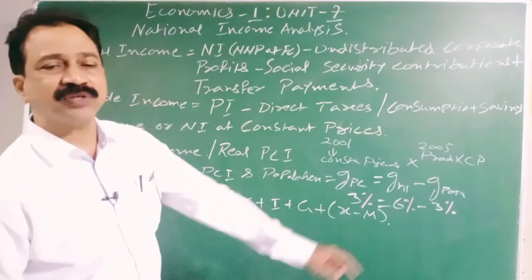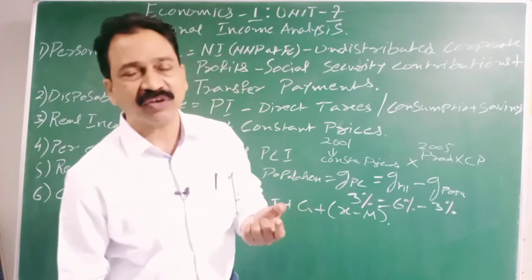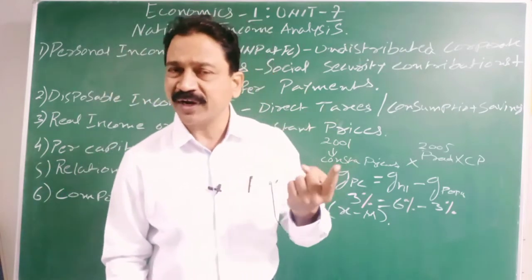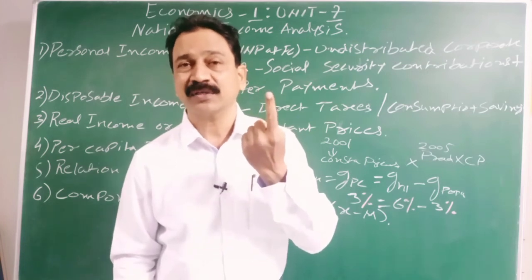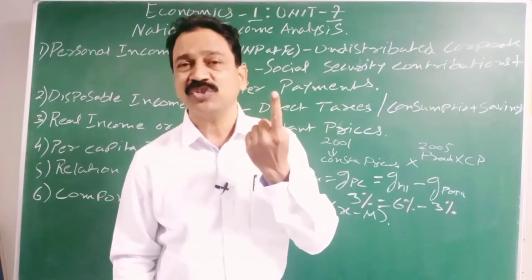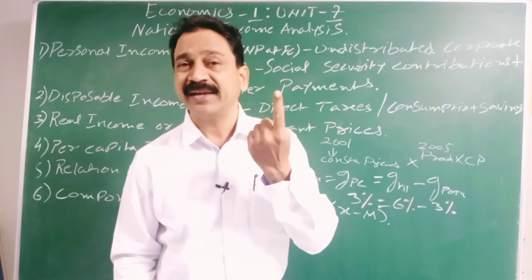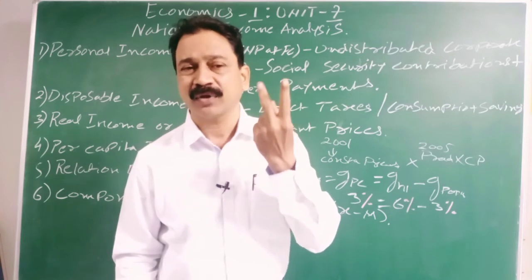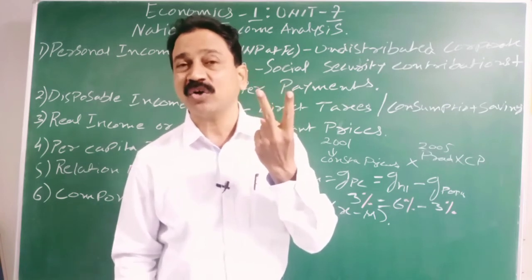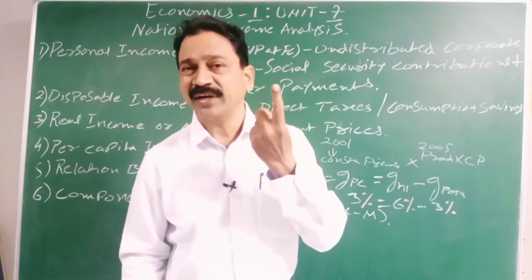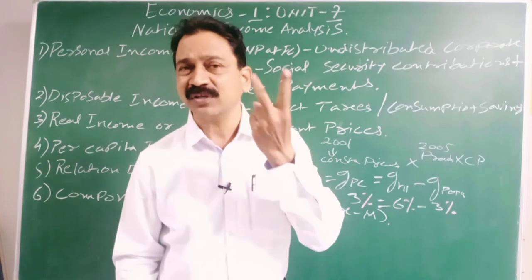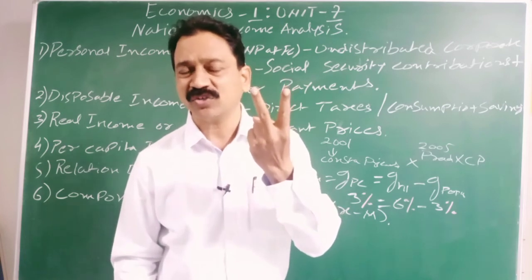Again, let me repeat all those concepts which we have seen in the last period and today. In the last period we have seen GNP at market price, C plus I plus G plus X minus M plus net income from abroad. GNP at factor cost: take the GNP at market prices, remove the indirect taxes and add the subsidies, you will get the GNP at factor cost.